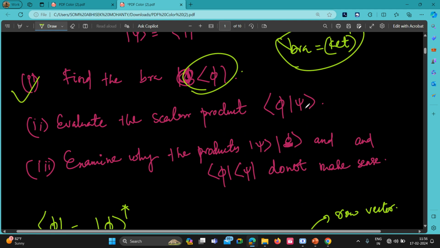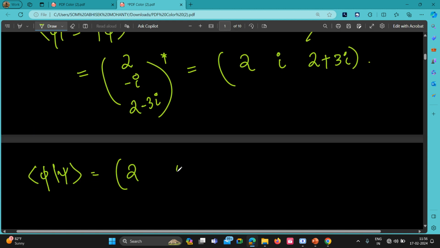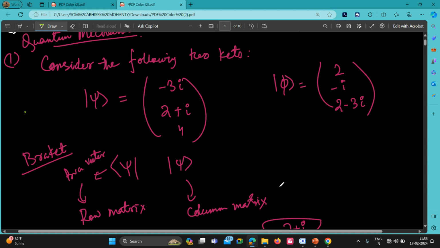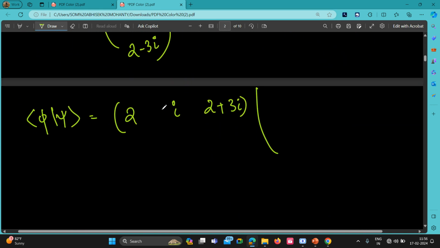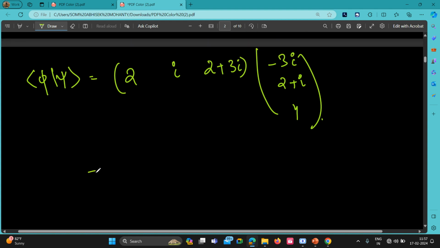Evaluate the scalar product of phi and psi. So now bra phi into ket psi. This is 2, i, 2 plus 3i into ket psi, which is minus i, 3i, 2 plus i, 4. Okay, so if you see, we'll multiply.